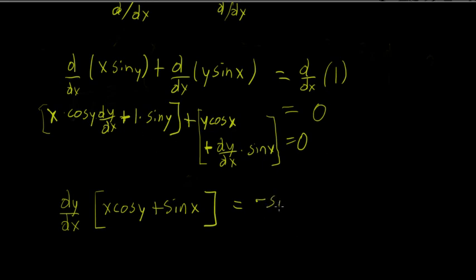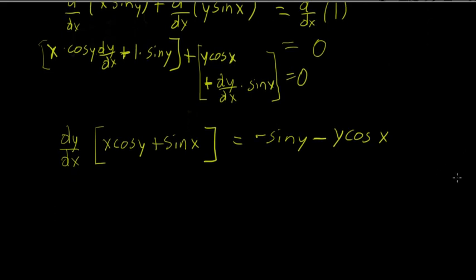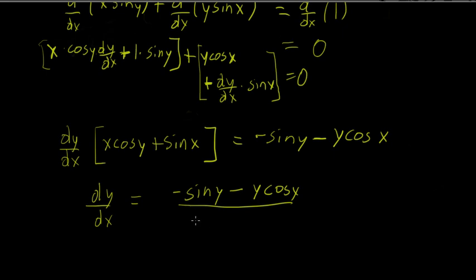So this is negative sine of y minus y cosine of x. At this point we can divide both sides by x cosine of y plus sine of x to solve for dy dx. So we get dy dx equals negative sine of y minus y cosine of x, over x cosine of y plus sine of x.